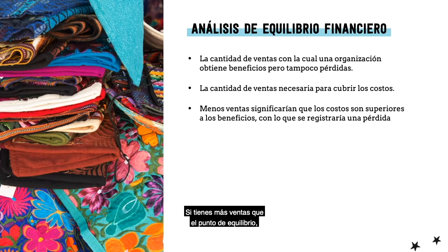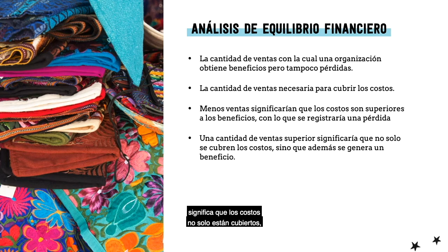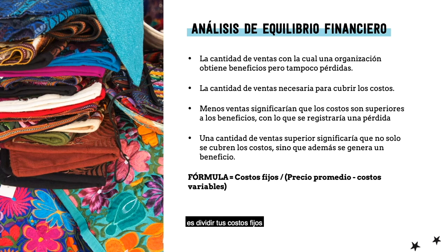If you're making more sales than the break-even point, it means that the costs are not only covered, but profit is also being generated. And the way to calculate the break-even point is to divide your fixed cost by your average product price minus your variable cost.